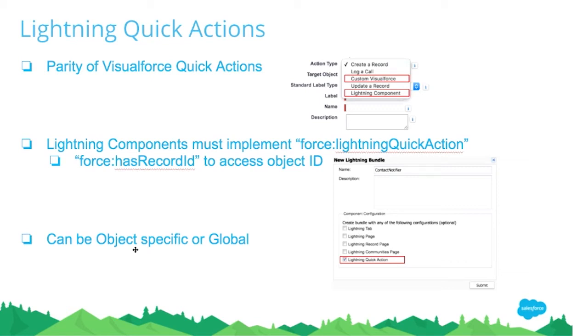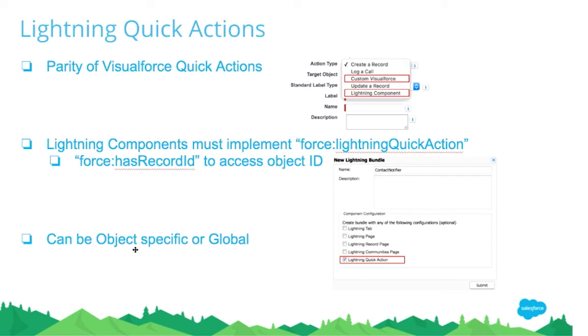If you have used the Visualforce Quick Actions before, if you haven't used it, it's basically a quick action button that shows up in any context. Once you click on it, it will show a Visualforce page so the user can interact with it and do some actions.